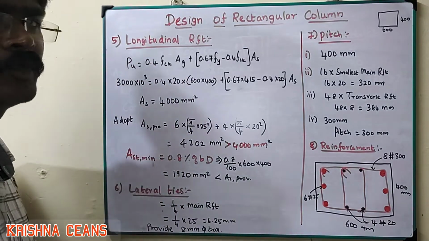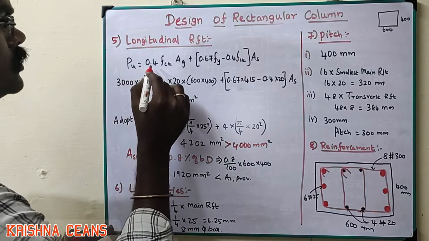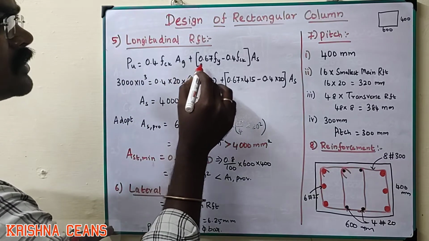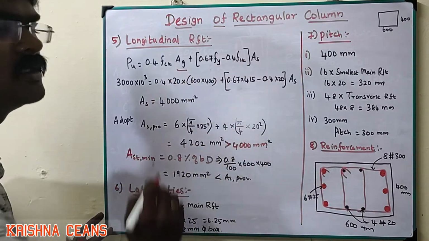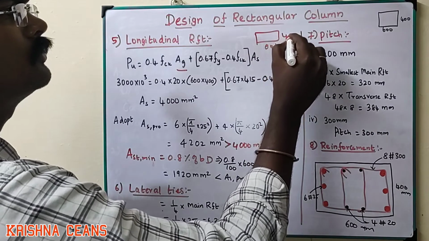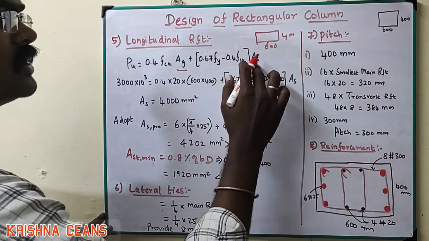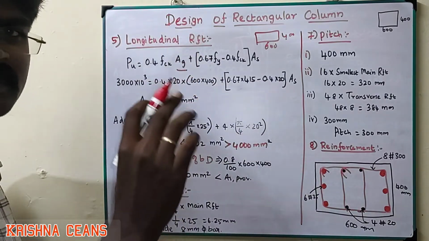Step number 5, longitudinal reinforcement. The formula is Pu = 0.4 fck Ag + (0.67 fy - 0.4 fck) Asc. Here Ag is the gross section, that is 600 into 400, and Asc is the area of steel. We have to find the longitudinal reinforcement, that is the area of steel.